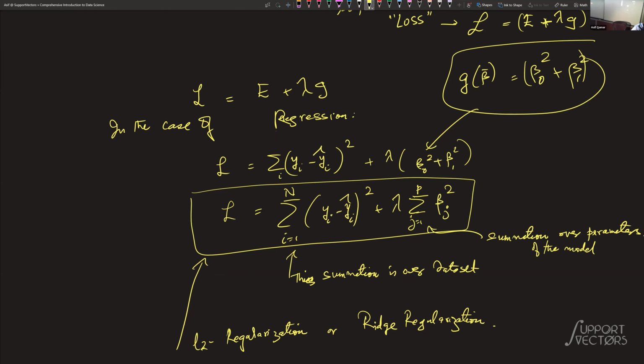You must remember this, and your book will talk about it. Most books don't explain how you arrive at this. They just give you this equation as a fact, that regularization is to minimize this loss, and if you do this, you won't have oscillations and your parameters won't become large. So I have taken you through an intellectual journey in which we tried to understand how this equation arises.